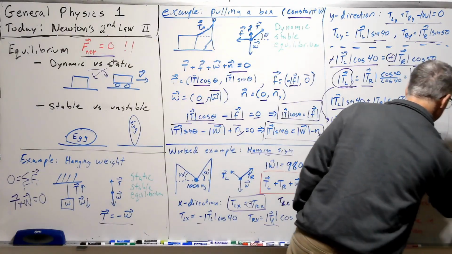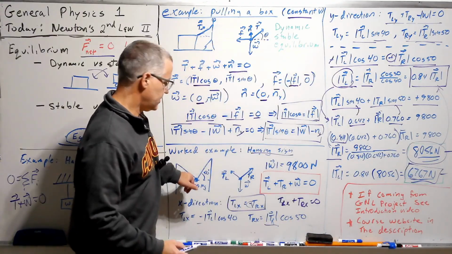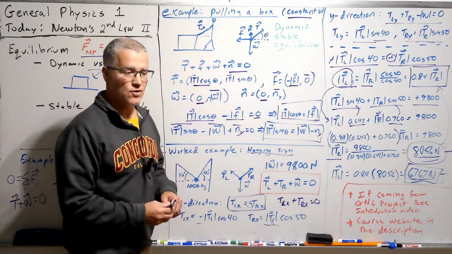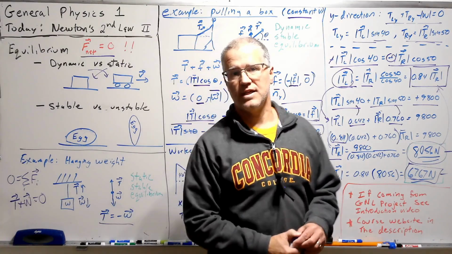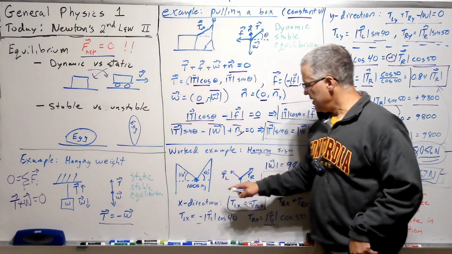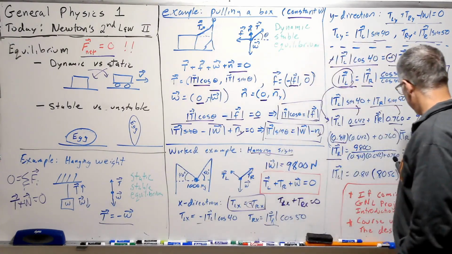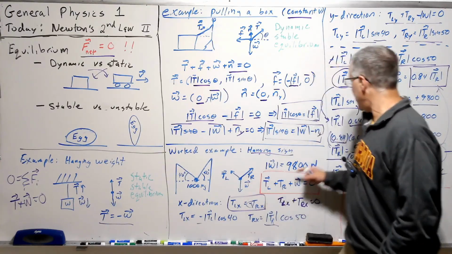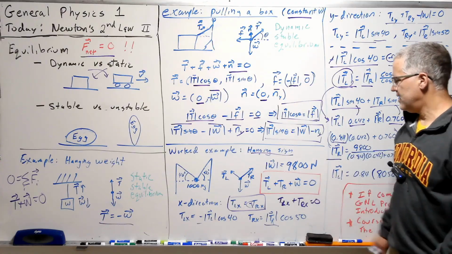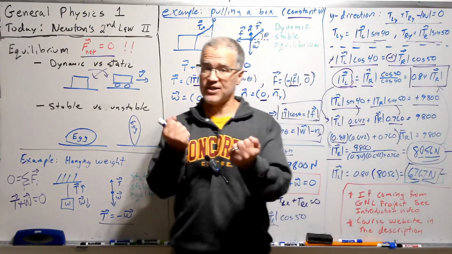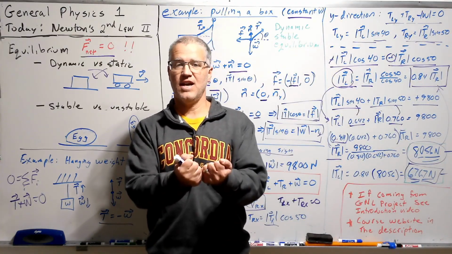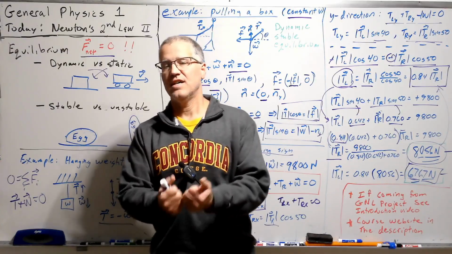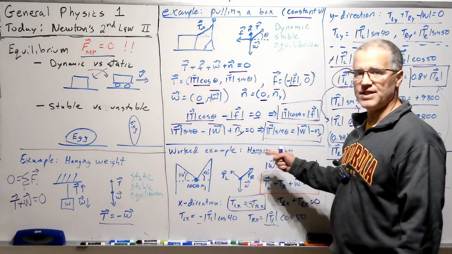Okay, so these are our two values. So these are the magnitudes of our tension. So we have figured out the actual forces. 8,000 newtons, 6,700 newtons, and 9,800 newtons added vectorially according to their directions give us the equilibrium condition.